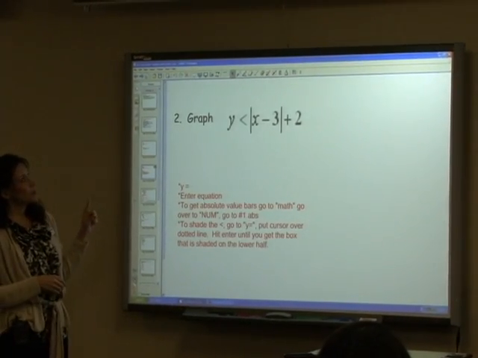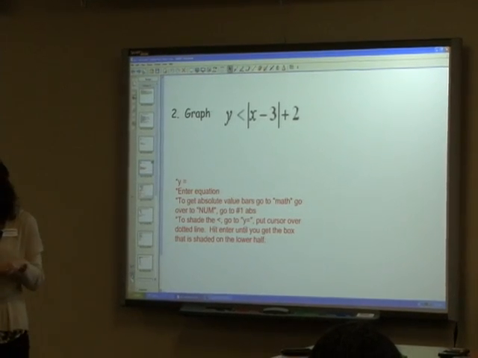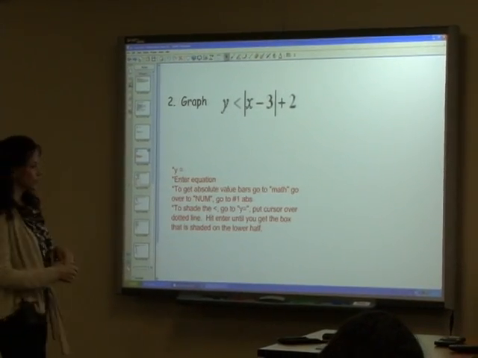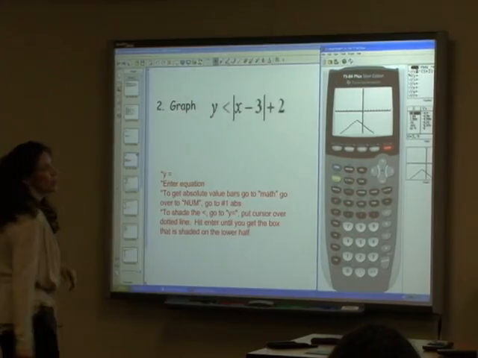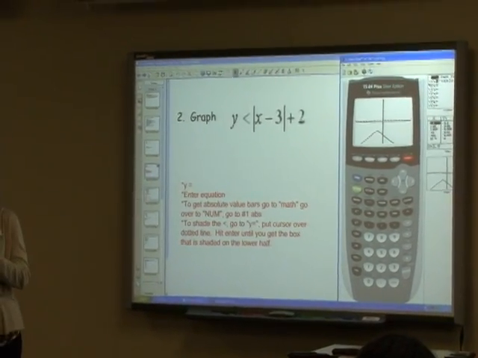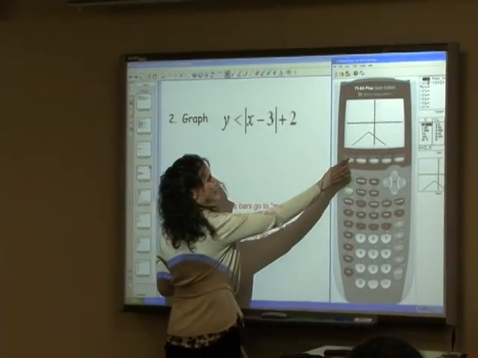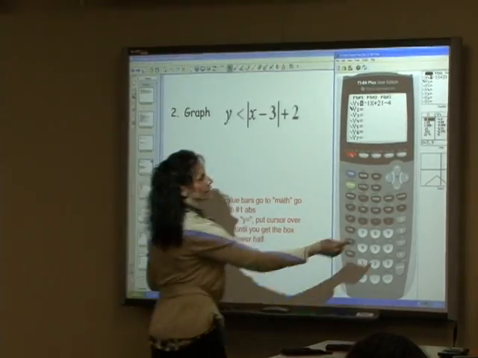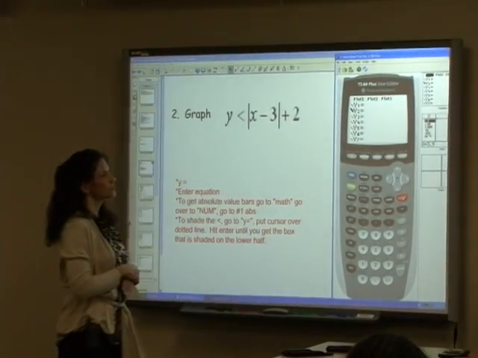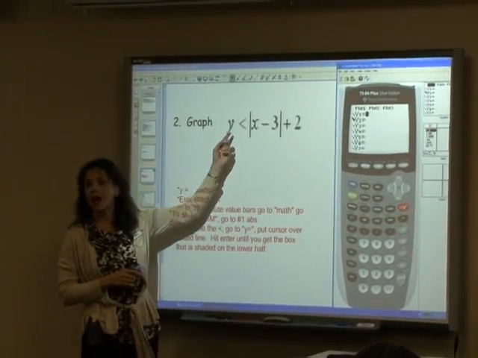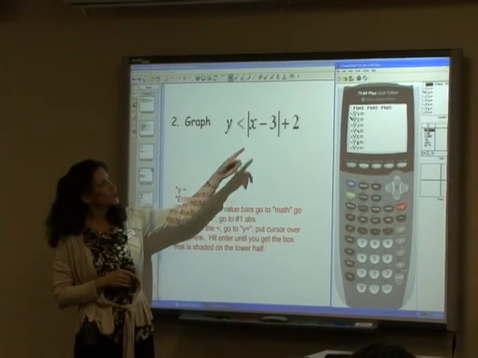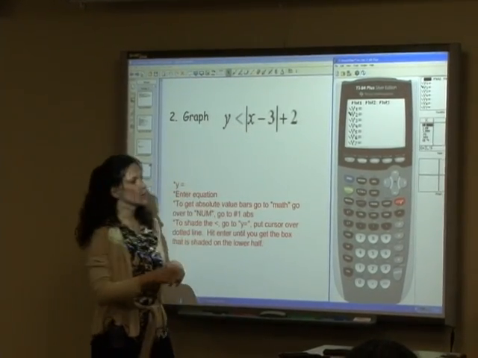Go to the next one. Y is less than the absolute value of x minus 3 plus 2. Okay, I'm going to enter this in the exact same way. So I'm going to hit y equals. I'm going to hit clear to clear that out. I know it's not equals, but I'm going to fix that here in just a minute. Okay, so go ahead and enter in absolute value of x minus 3.